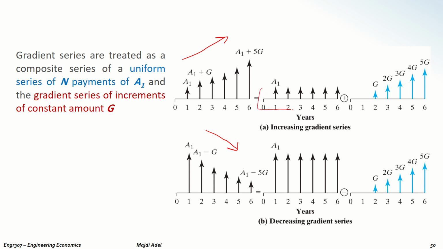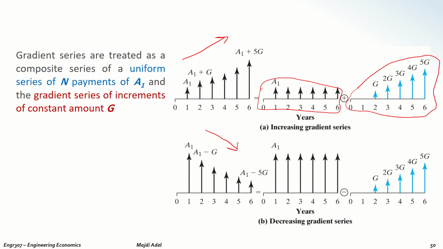The first one is a uniform cash flow, and the second part is the gradient series. Either it's increasing or decreasing, we separate it into two cash flows, uniform and gradient.